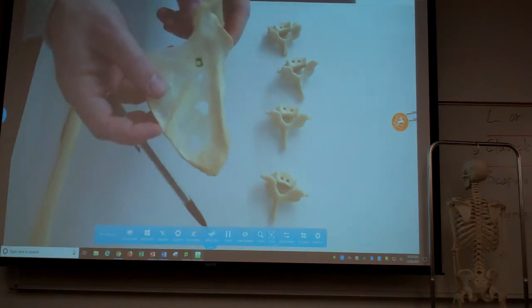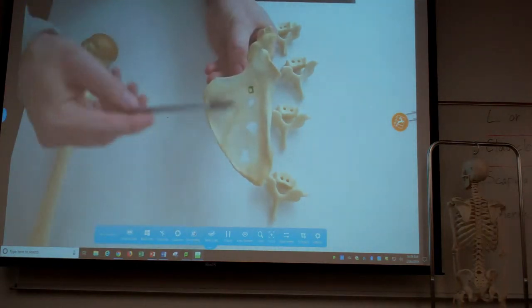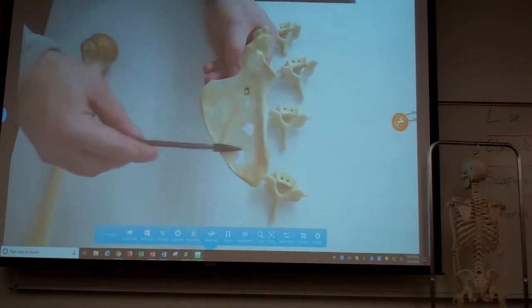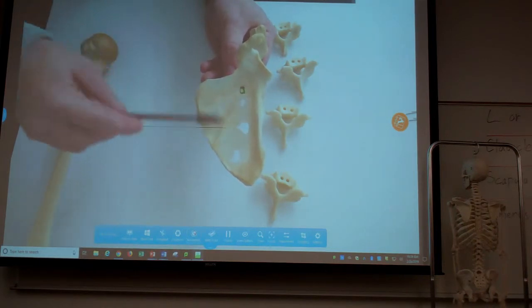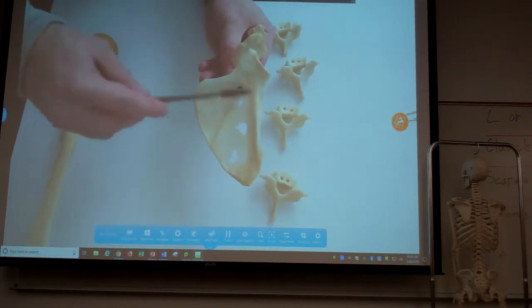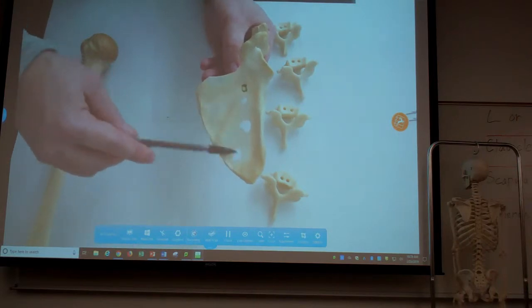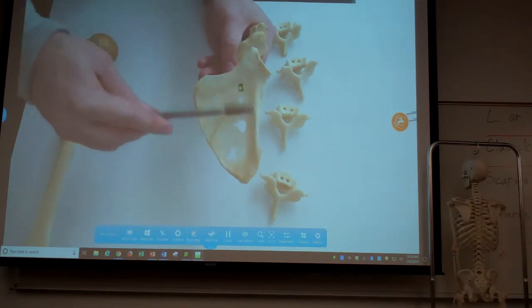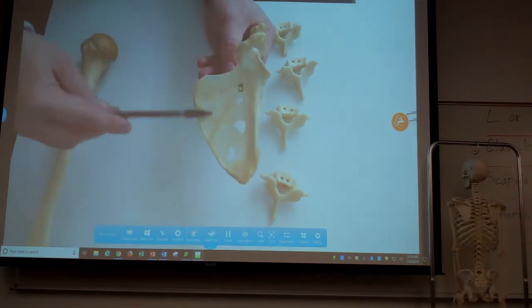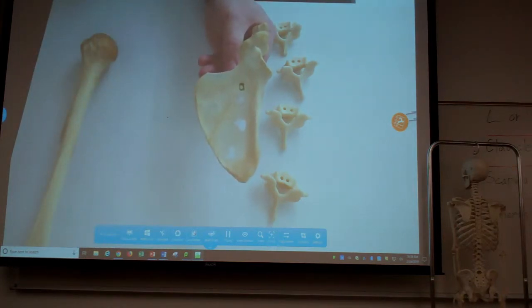And then, if we flip over to the anterior side, we've got the part of the scapula that's against the ribs. So if you take a look at your skeleton, the part that's against your ribs, that's the subscapular fossa. Think sub as in submarine.